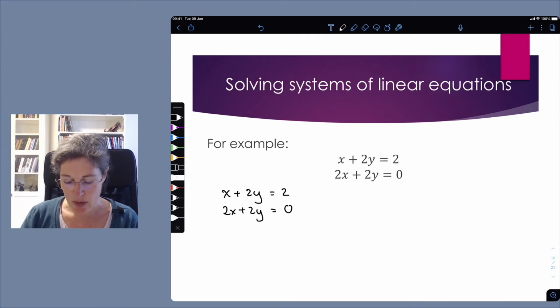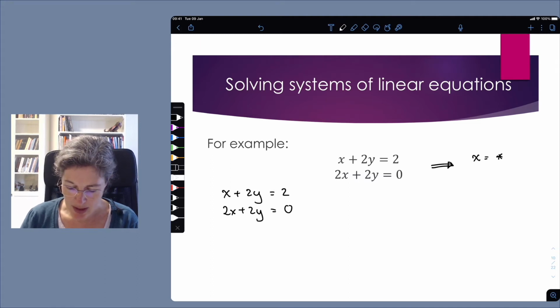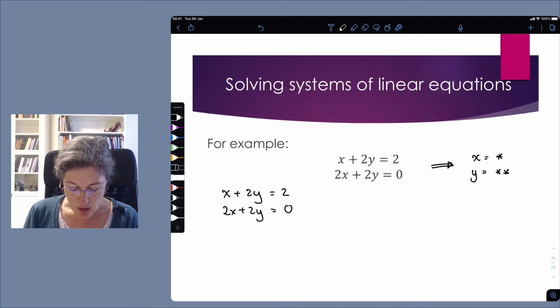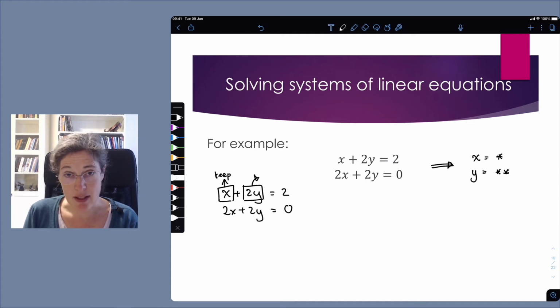And always keep in mind I want to end up with something that looks like x is equal to something and y is equal to something. That's the transformation that I want. So just because it seems easy at this point, I would like to do something that enables me to keep this x over here. So I want to keep this, but I would like to not have that there, not have that 2y. I'd like to have a 0 there.